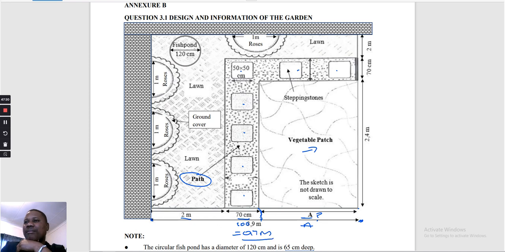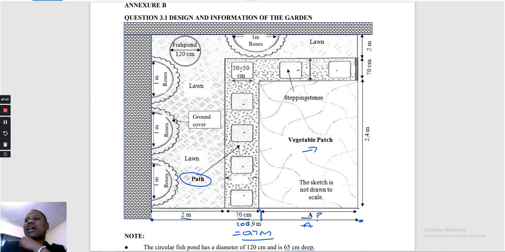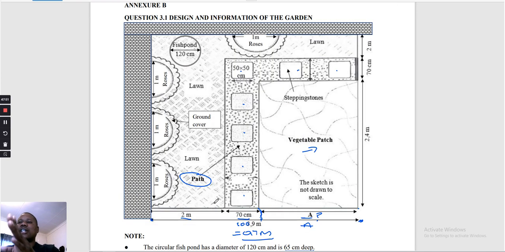So how are we going to calculate A? For A, we are going to say 3.9 meters minus 2 meters. We take them out because 2 meters belong to this side, 2 meters belong here. And then the 0.7 belongs to the path.